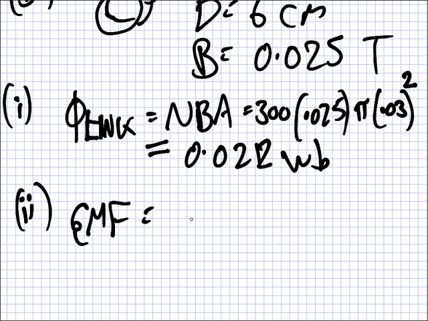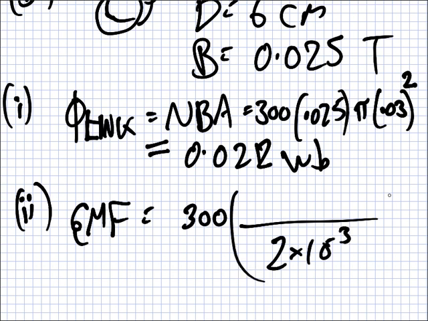So that is 300 and how many milliseconds? 2 milliseconds. And it will be basically 0.0212 minus, negative 0.0212, because it gets flipped around.